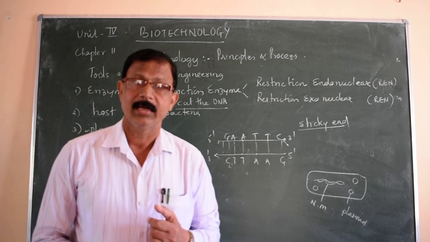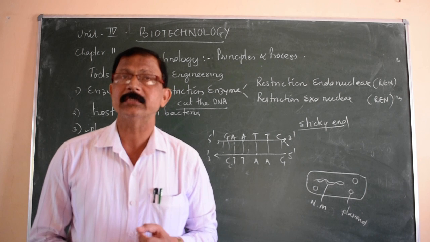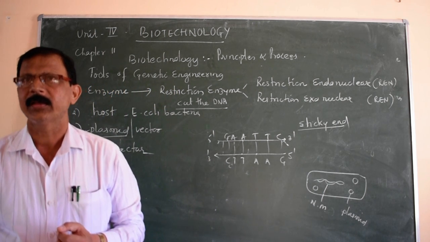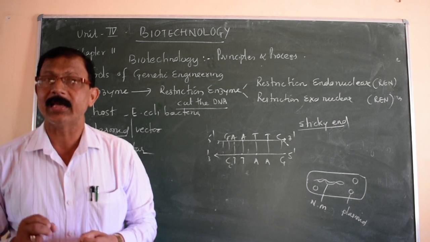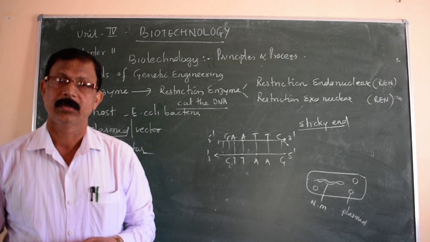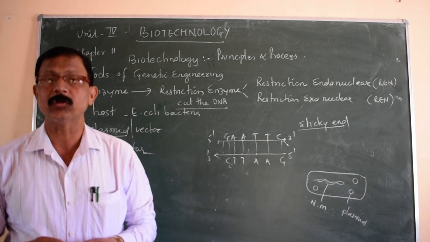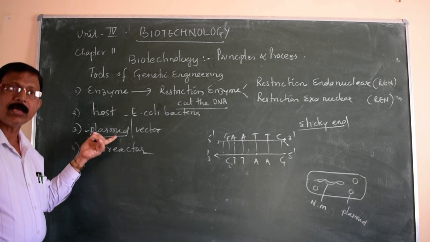Plasmid is an extra chromosomal circular DNA with a self-replicating power, an ability to carry the foreign gene, and it also has the origin of replication property. So because of this reason it is used as a vector.